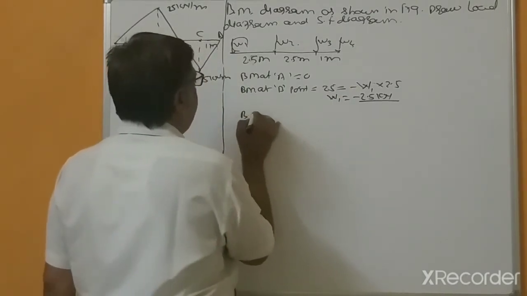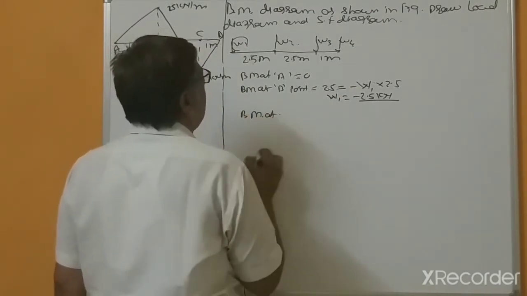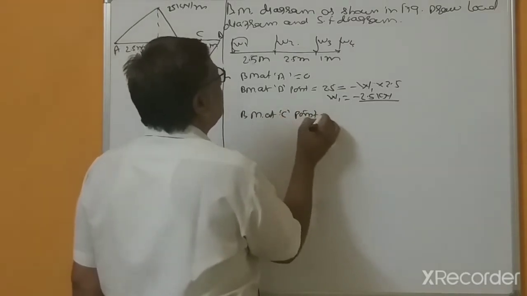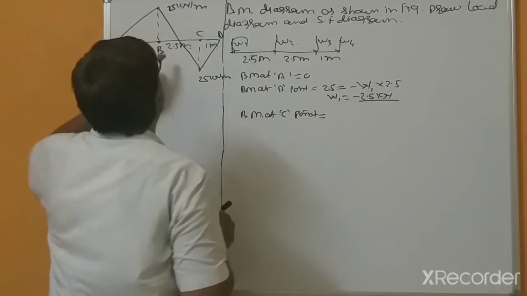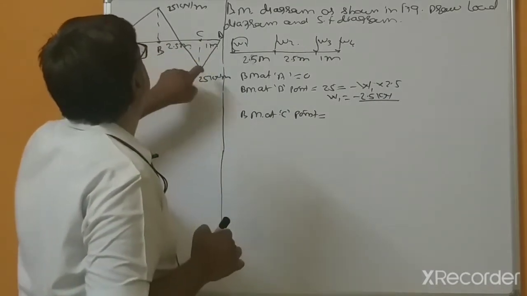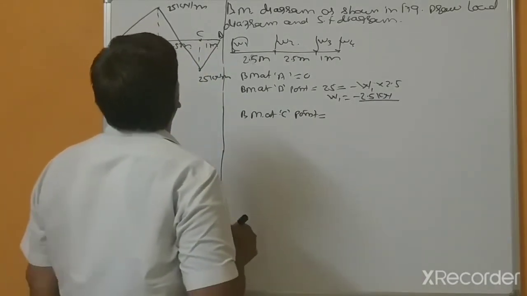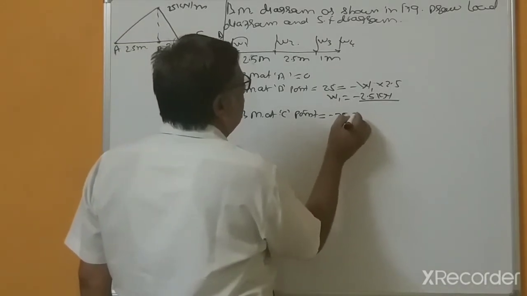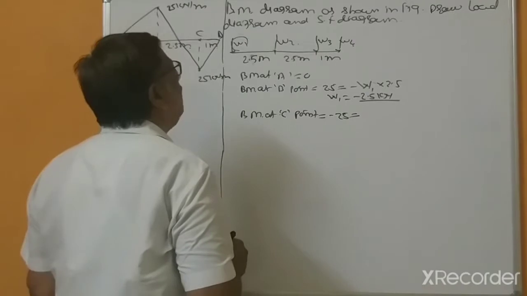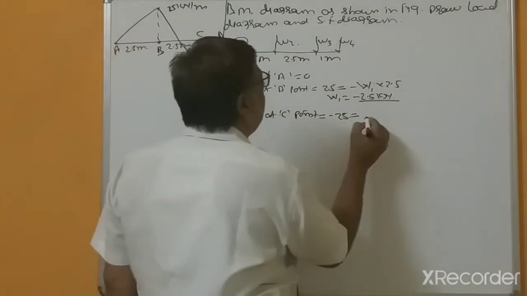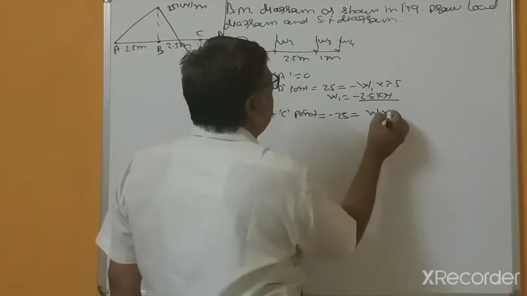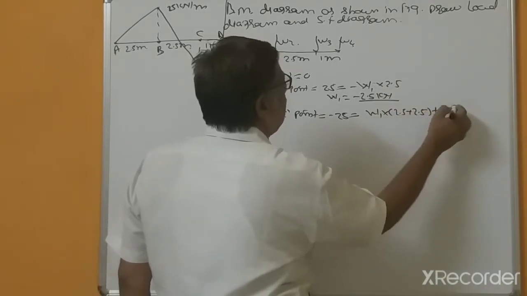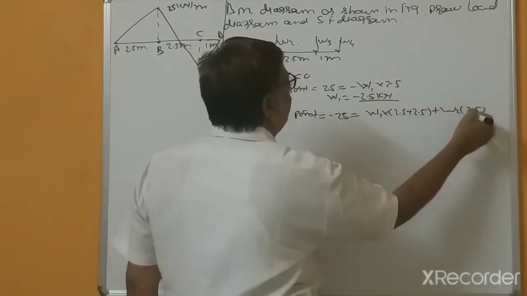Next, bending moment at C point, which is minus 25, equals W1 into 2.5 plus 2.5, plus W2 into 2.5.